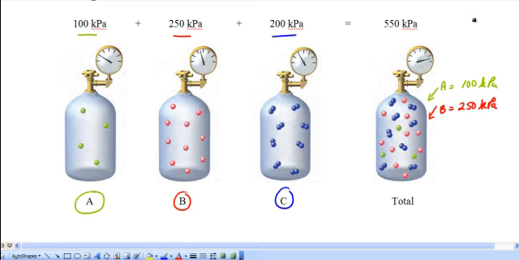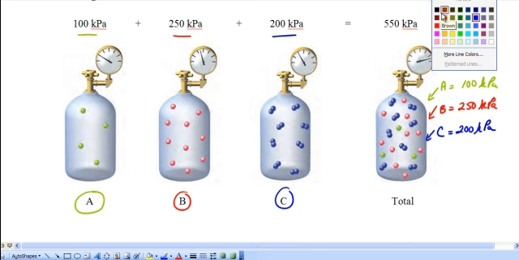Letter C in blue exerts a pressure of 200 kilopascals. So when you put it in the mixture, it still exerts a pressure of 200 kilopascals. The only difference between pressure and partial pressure is simply that the partial pressure is when it is in a mixture of gases. That's it. But you treat each individual component of that mixture as if it were by itself.